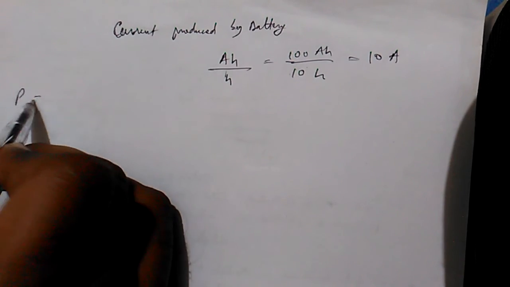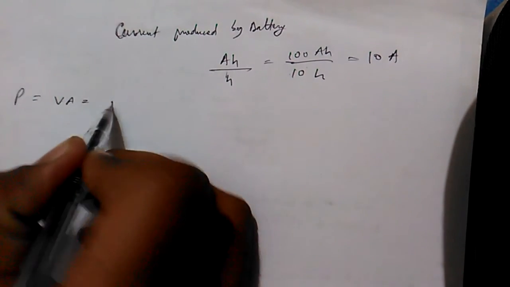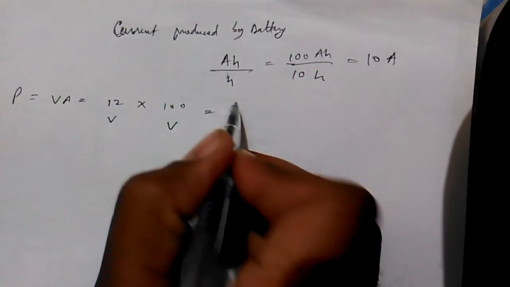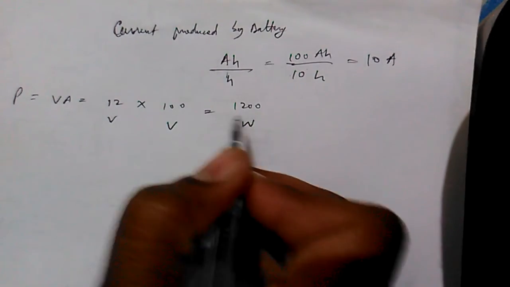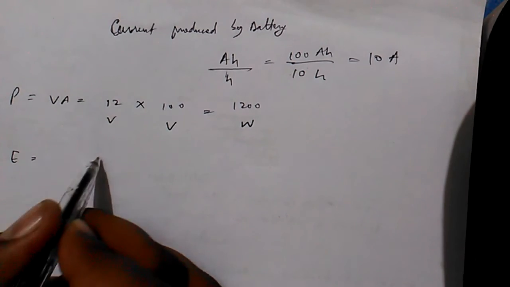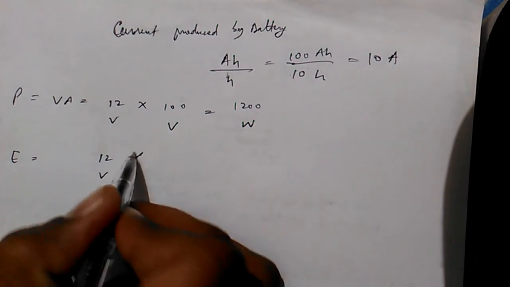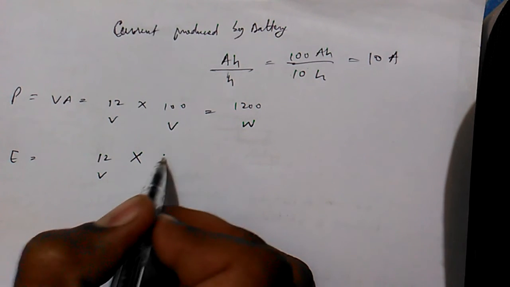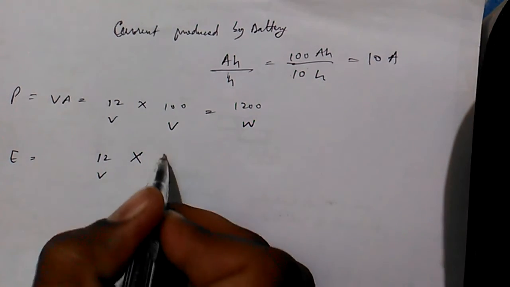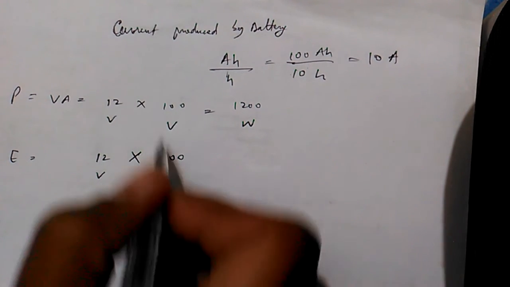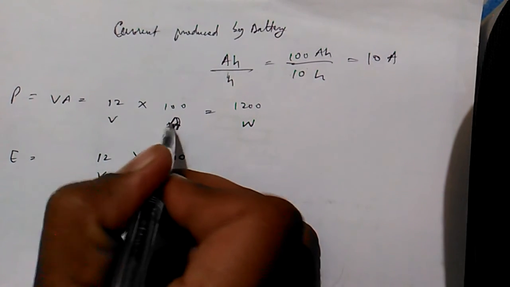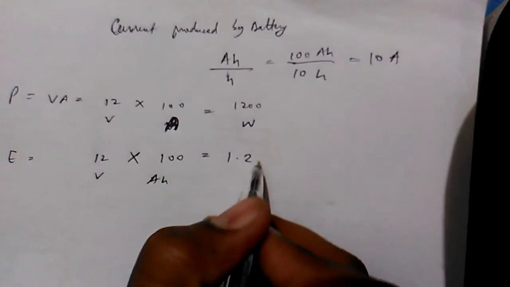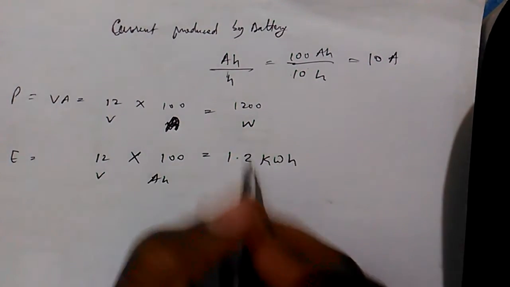How can you calculate: power equals V times A. Voltage is 12 volts and ampere is 100, so it will give 1200 watts. In the energy case, voltage is the same, 12, and Ah is 100, so directly you can calculate: 1.2 kilowatt hour we can say.